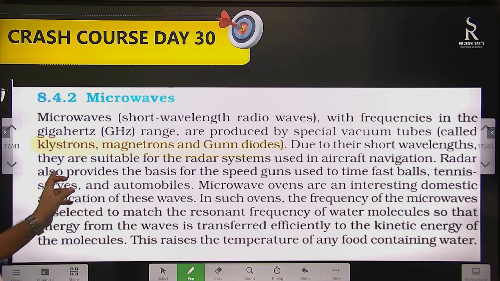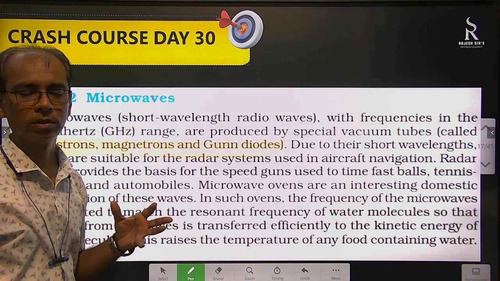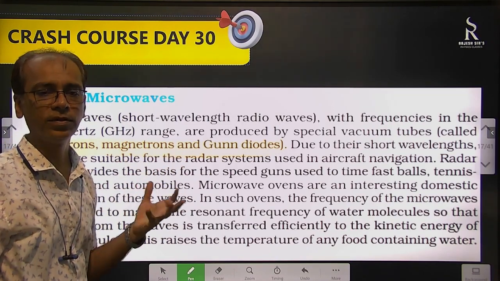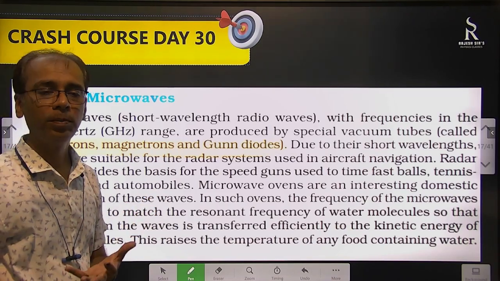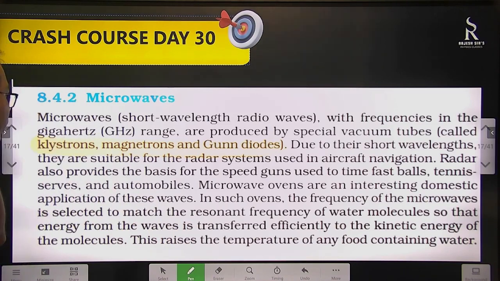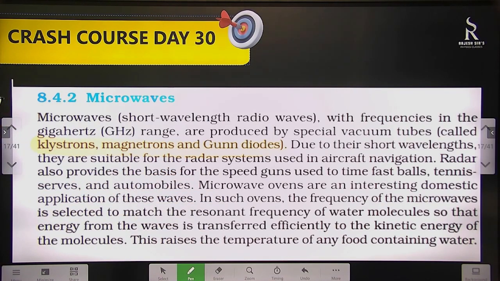Due to their short wavelengths, they are suitable for the radar system. Radar where is used? In fighter planes, in defense, to detect the enemy planes, drones and other things. So due to their short wavelengths, they are suited for the radar system used in aircraft navigation.